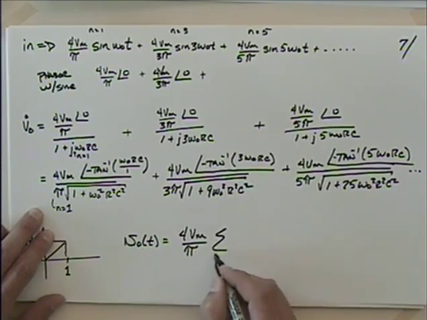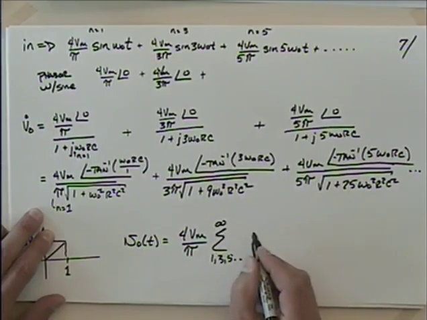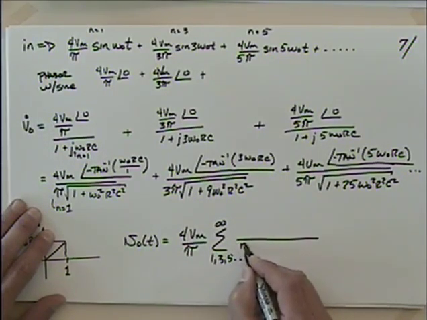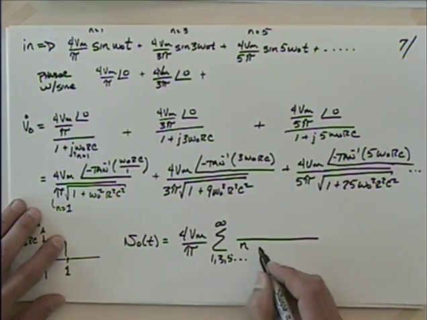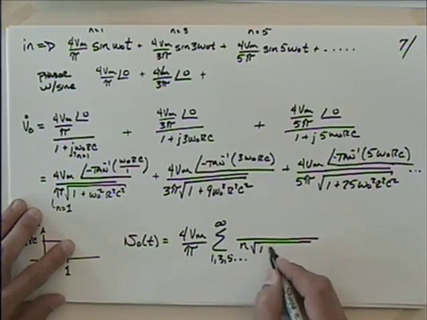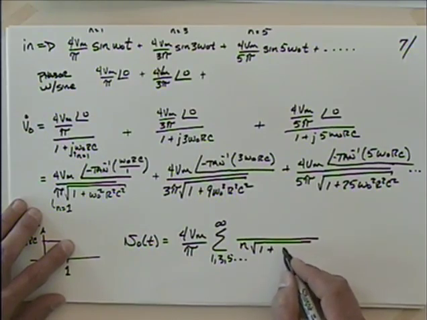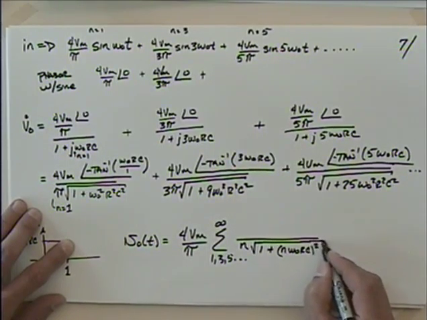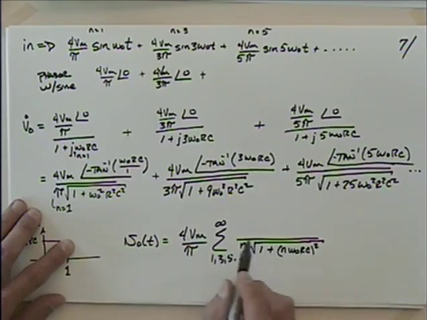Then I have the sum, 1, 3, 5, and so on, up to infinity of, there's the n. We don't want to forget that. And we also have this radical that's always hanging around in the denominator. What's that? 1 plus, I could say n omega naught rc, that's all squared. And then what do I have in the numerator?